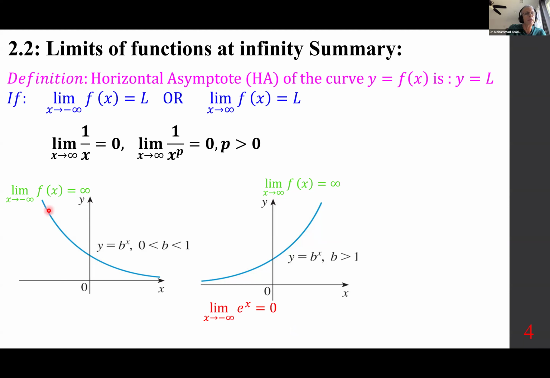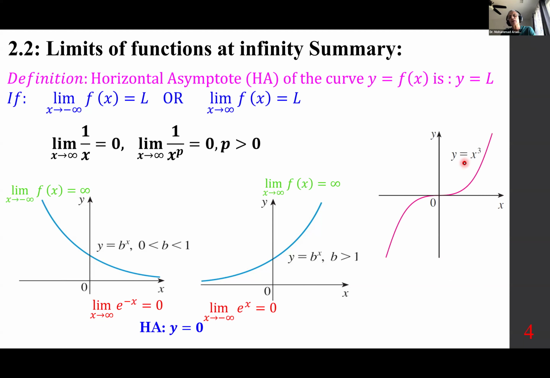In this graph, the limit of f of x as x approaches minus infinity is infinity, and for example, the function e to the power of minus x, which is a decreasing function, exponential decay, the limit of e to the power of minus x as x approaches infinity is 0. And these two refer to the fact that the x-axis, or y equals 0, is the equation of a horizontal asymptote.